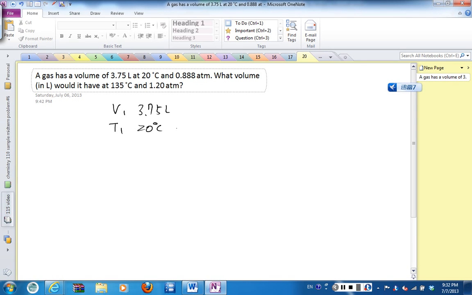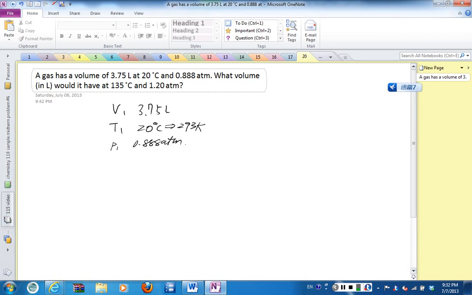Knowing that in all gas calculations we're going to be using Kelvin for temperature, we might as well turn it into Kelvin right now. 273 plus 20 is 293 Kelvin. And then, of course, P1 is 0.888 atmosphere. Now, all three conditions are in the standard units that we use in our ideal gas law: liter, Kelvin, and atmosphere.